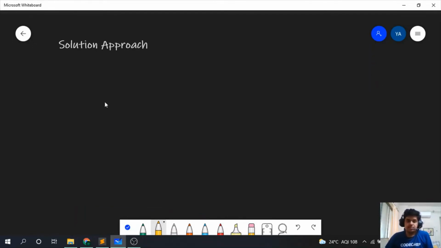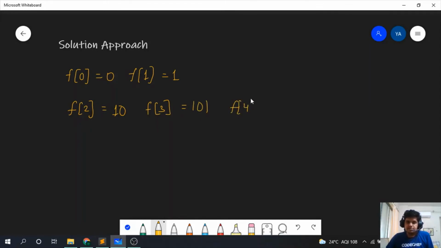So let's start with the solution approach. First, let us see how we construct these Fibonacci concatenation numbers. We know f of 0 is equal to 0 and f of 1 equal to 1. Therefore, f of 2 will be equal to 1 0, f of 3 will be equal to 1 0 1, and f of 4 will be equal to 1 0 1 1 0.